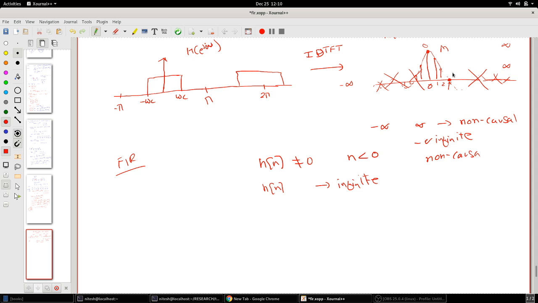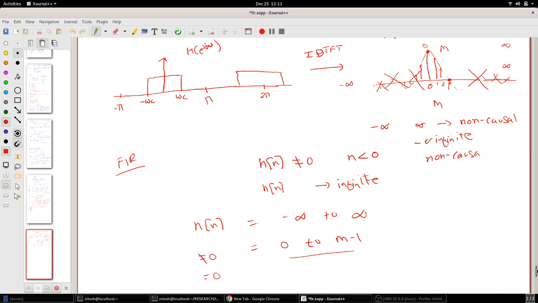We fix a length m, and any value outside this m has to be converted to 0. So h of n, which goes from minus infinity to infinity, has to be brought down to non-zero values from 0 to m minus 1, and it should be 0 outside this interval. That's the whole idea.